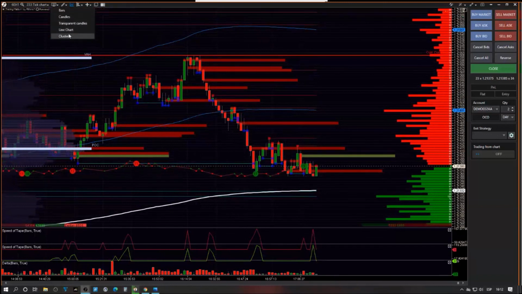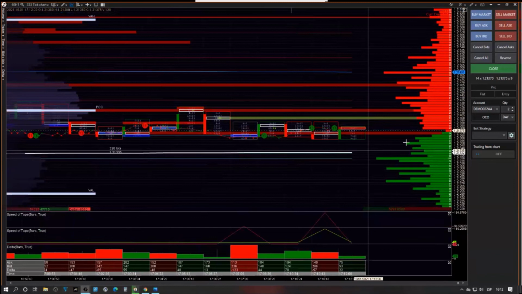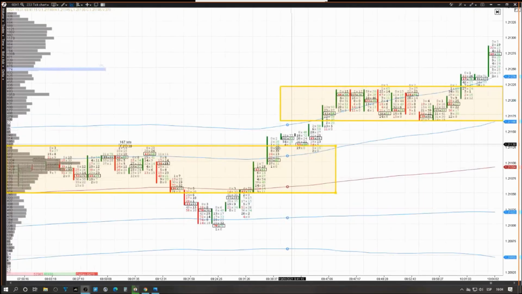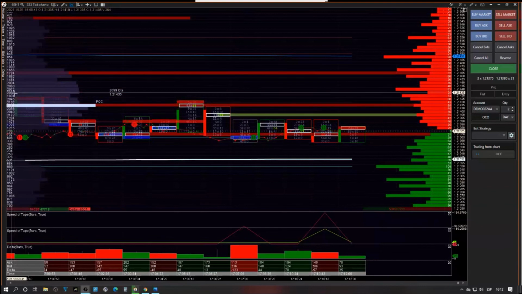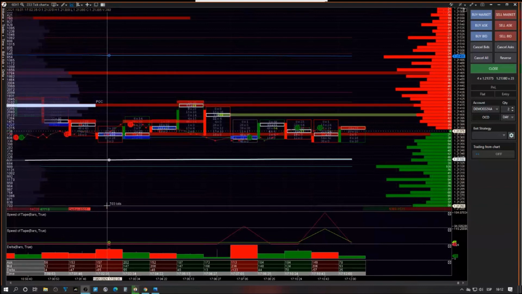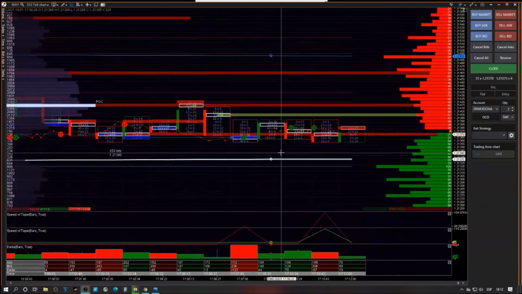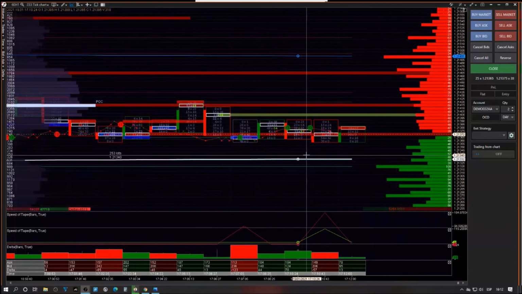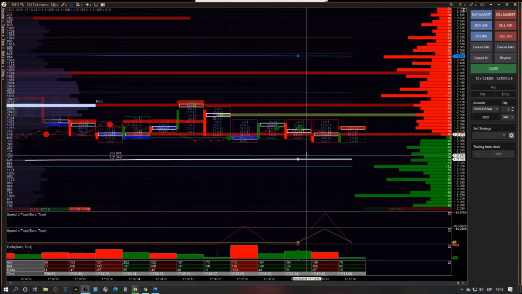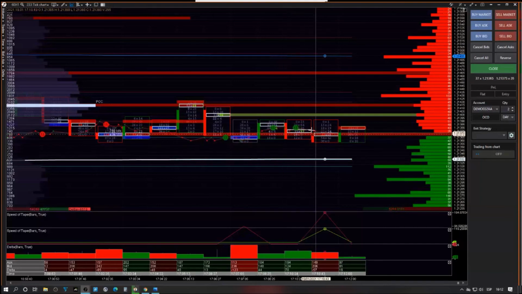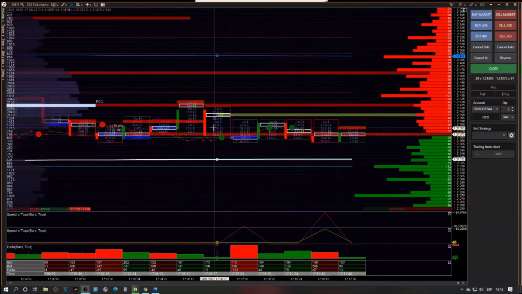Let me change to the cluster so you can see. I still have the pending orders and the volume on the left side. The clusters I have tweaked for the euro, so it shows me the imbalances better.